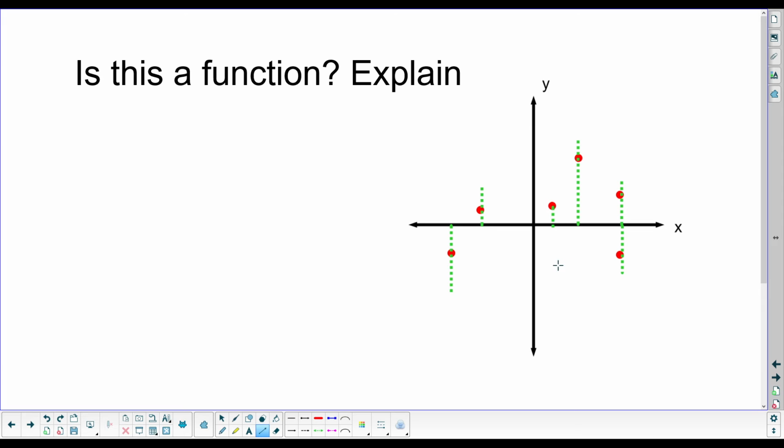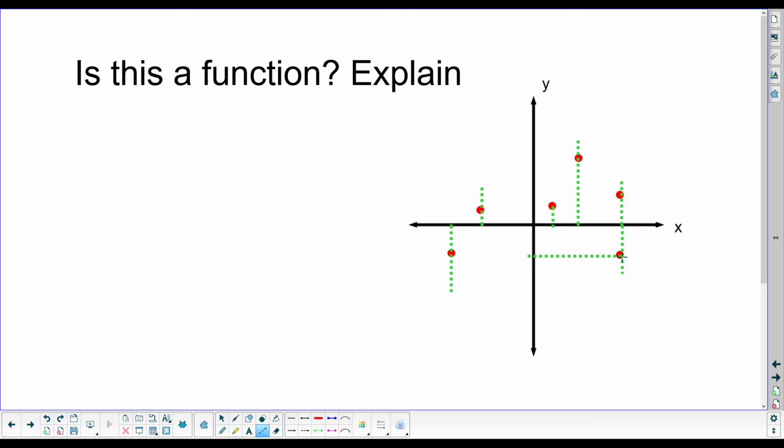So if I look at my y values, this x value goes to 2 different y values. Because of this situation, where we have these 2 points sitting on top of each other, this is not a function. I have an x value that's going to 2 different y values, one up here and one down here.